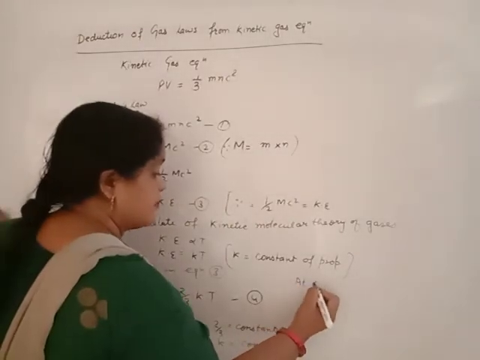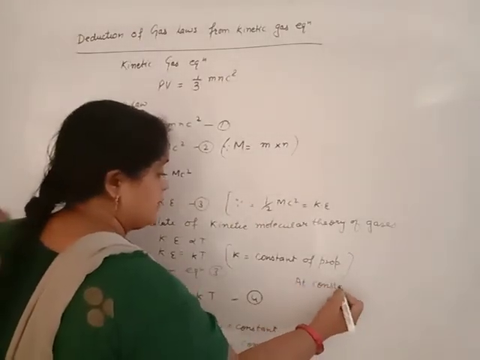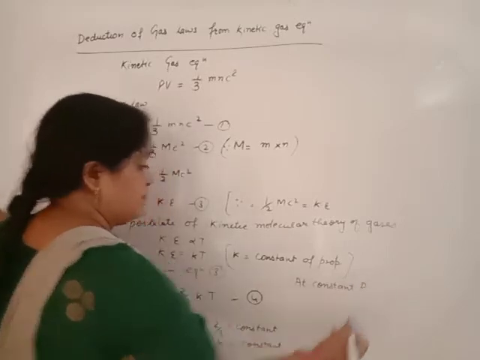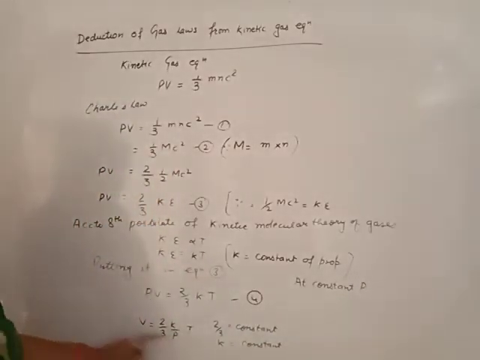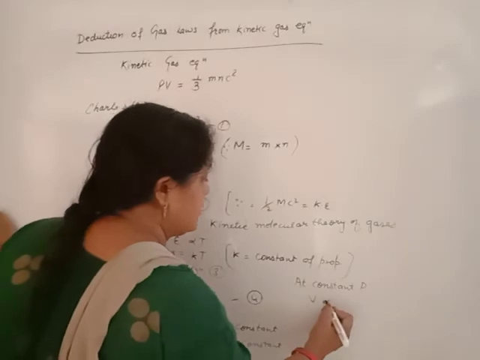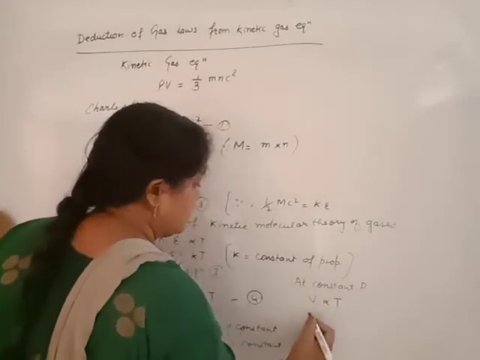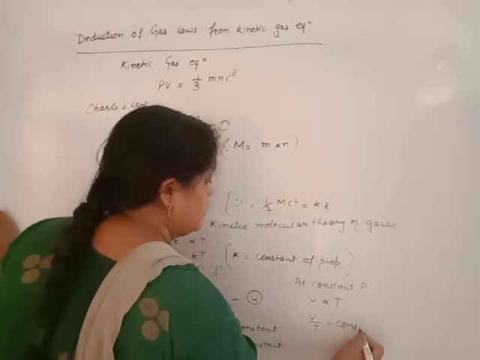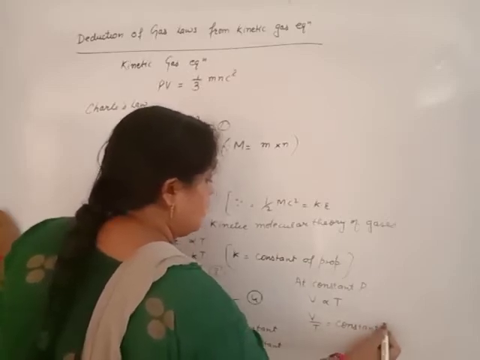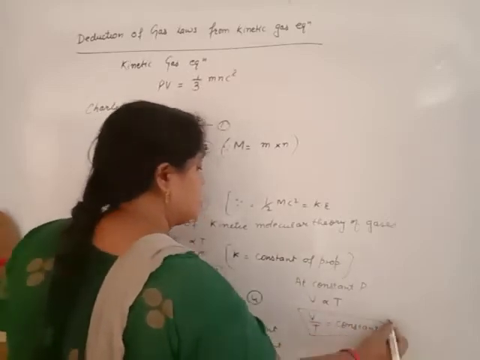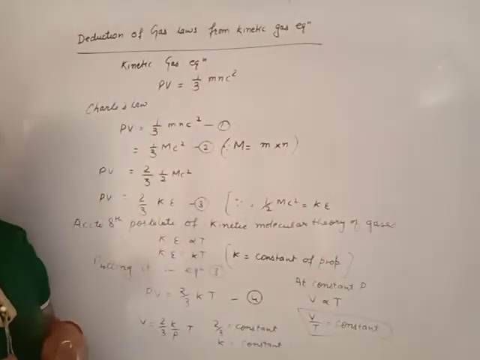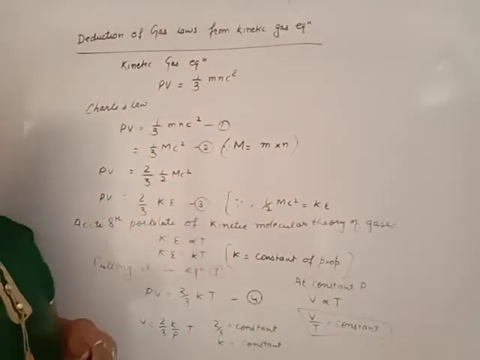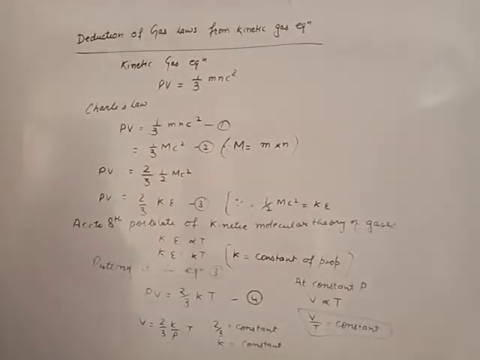At constant pressure, V is directly proportional to T, or V/T remains constant. This is called Charles's law. At constant pressure, the volume of a given mass of gas is directly proportional to temperature.